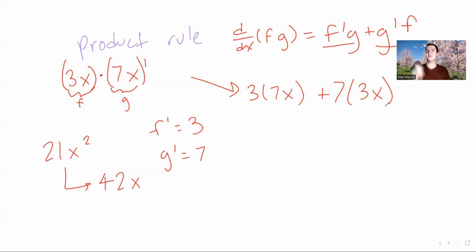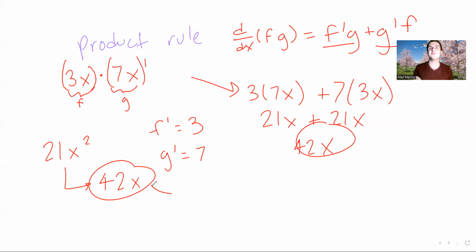And lovely news for us, that's 21x plus 21x. But what's this, my friend? It's 42x. So the same function should have the same derivative. Wonderful. So that's an example of the product rule.